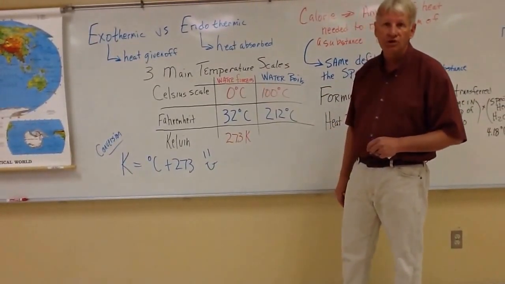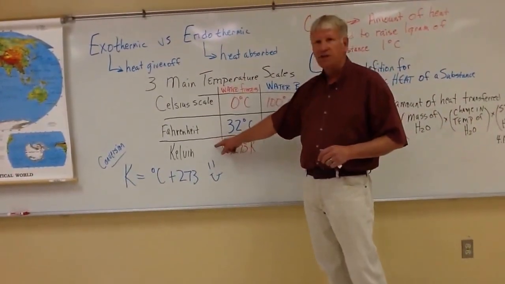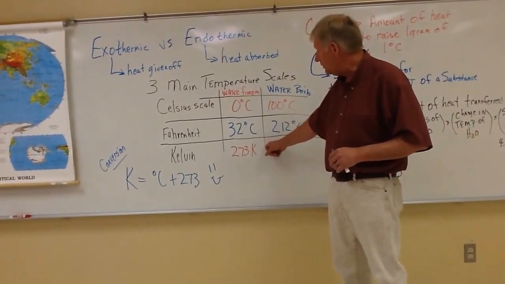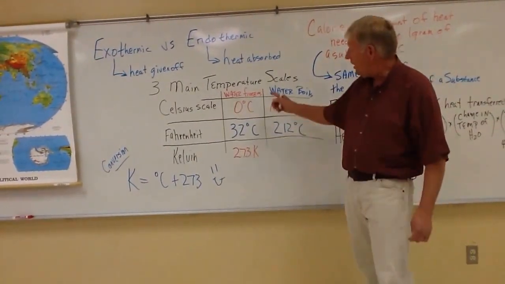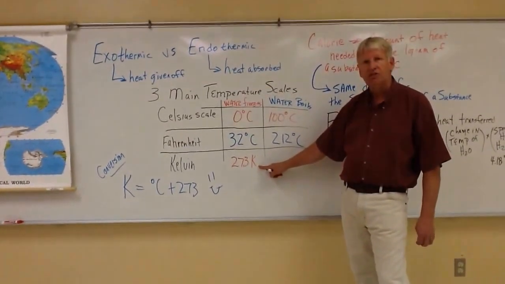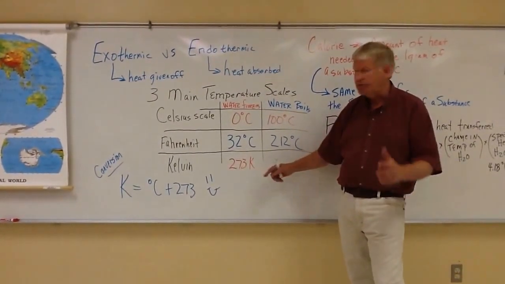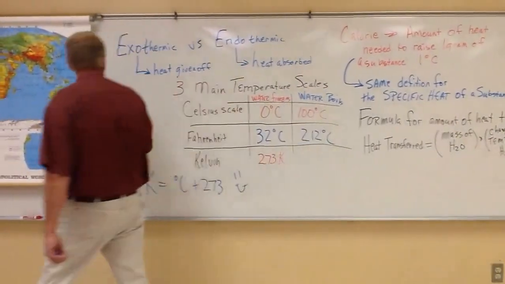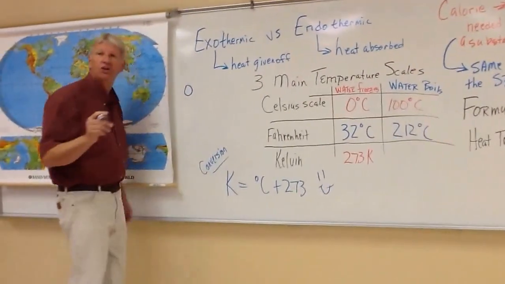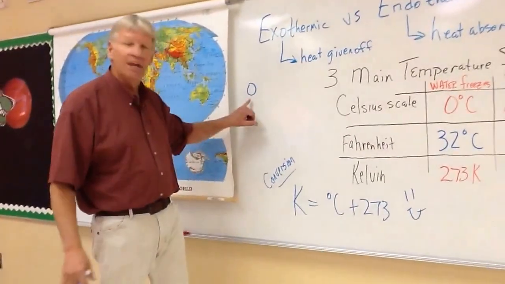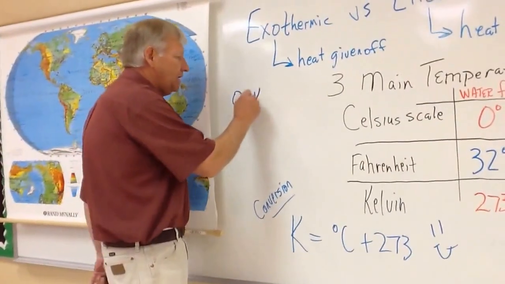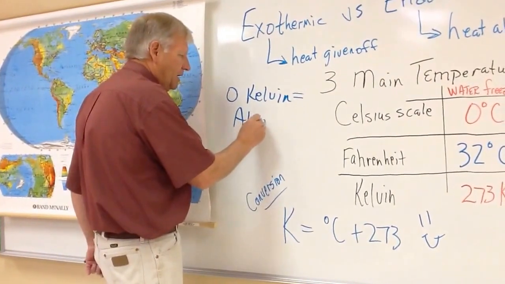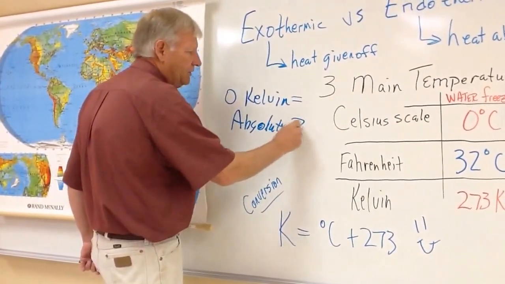But we want to go to one more scale now. We want to go to the Kelvin scale. The Kelvin scale is a very significant scale for chemistry. In Kelvin, water freezes at 273 K. But let me tell you what the Kelvin scale is. The Kelvin scale is where we try to reach 0 Kelvin, and we don't even put degrees because it's so hard to measure that we can't even tell you it's exactly, but 0 Kelvin equals absolute 0.